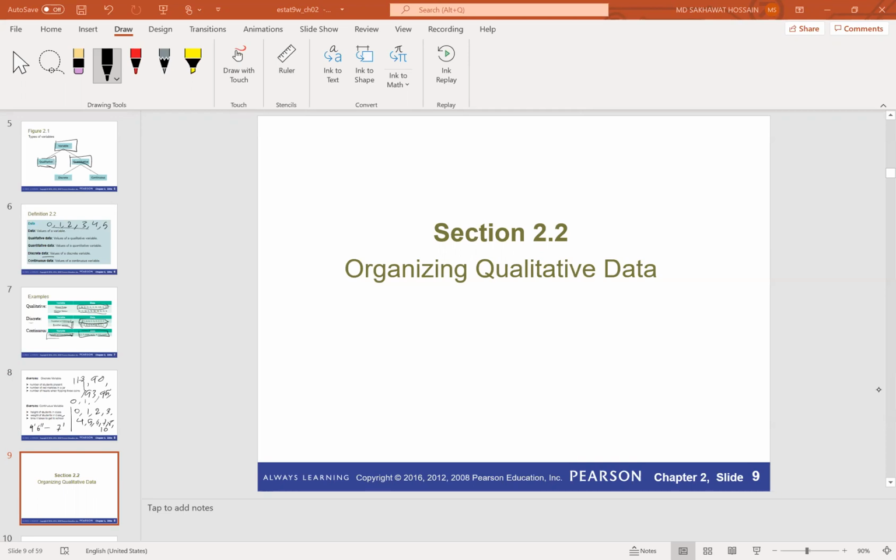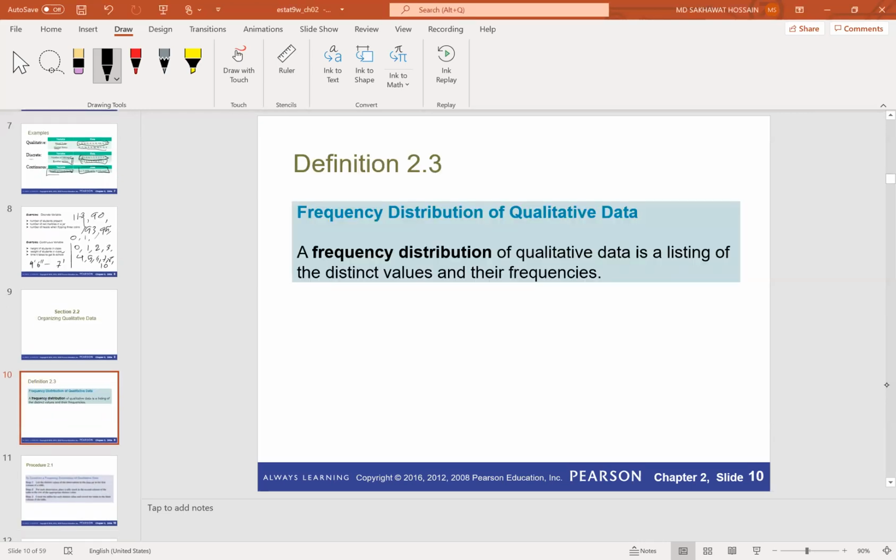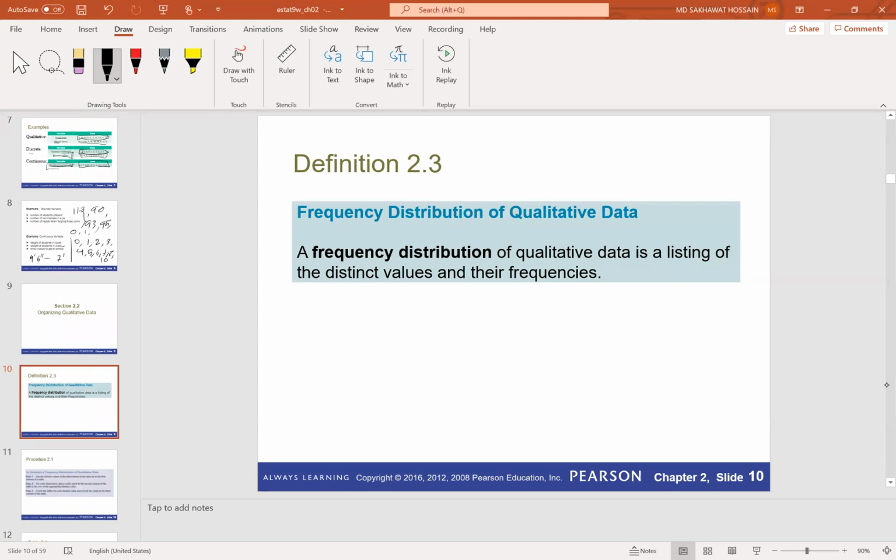So how can we organize? First thing is we'll collect the data. Then next thing is organizing the data, and then we'll summarize the data, and then we'll analyze the data. So how do we organize the data? We can organize the data in different ways. For qualitative data, we can use frequency distribution or relative frequency distribution or different graphical representations.